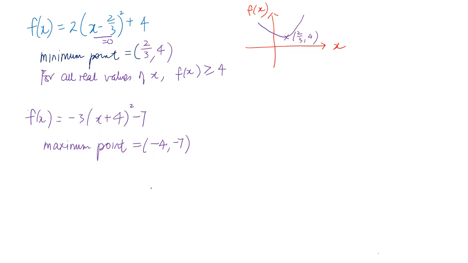How do you get negative 4? That is when you let this equal to 0. Solve it, and get x equals negative 4. So for all real values of x, your f(x) will be less than or equal to negative 7. So if you were to sketch the curve, how do you think it will look?